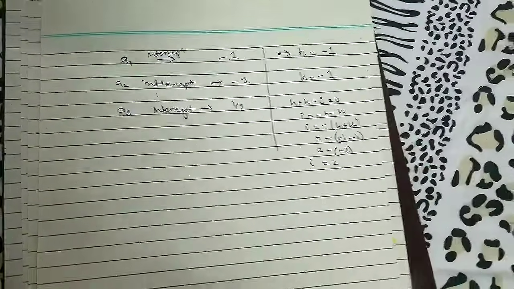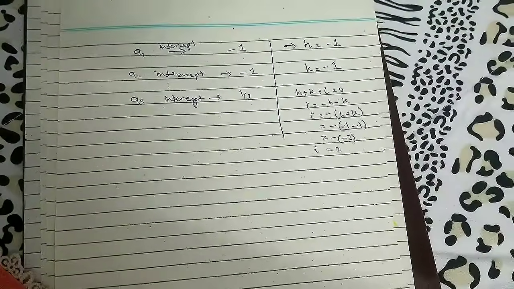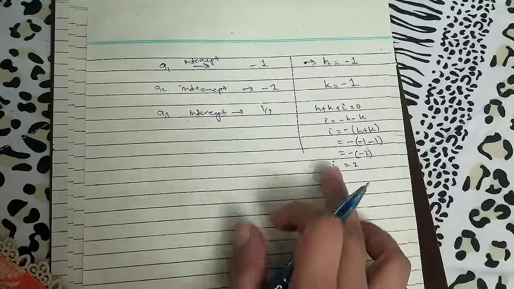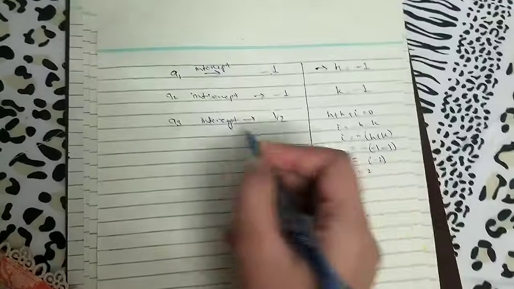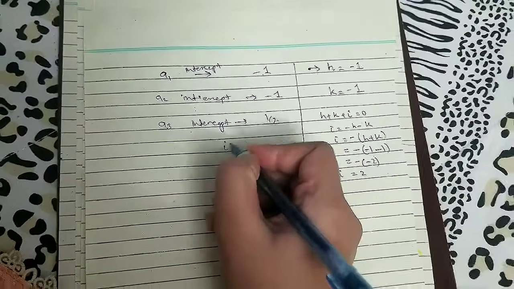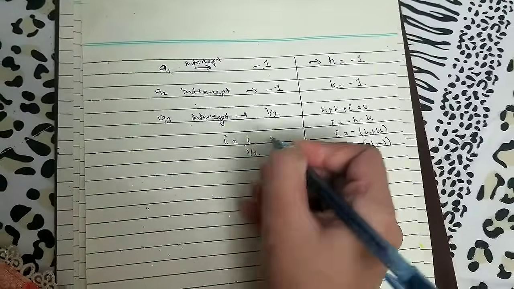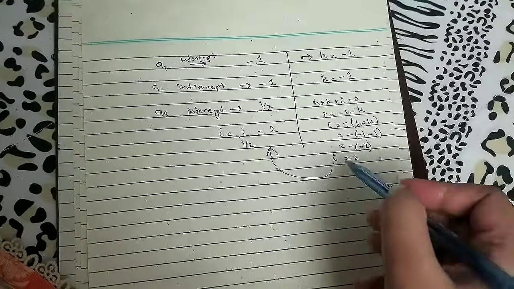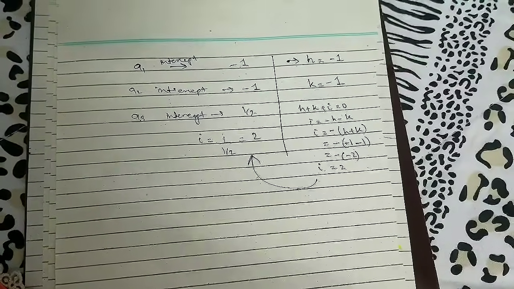So the index i is equal to 2. If you want to find the corresponding intercept, we take the inverse of the index, which gives us the intercept. If you take the inverse of this a3 intercept, which is 1 over 2, you will get i, and it results in 2. So it's confirmed that i, the third index, comes out to be 2.